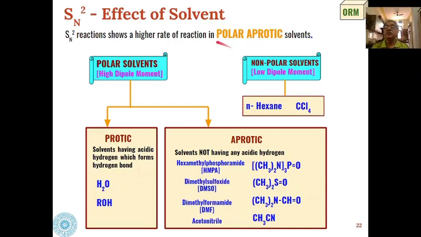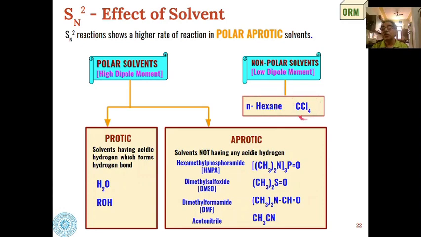We know that solvents may be polar or non-polar. Non-polar solvents have low dipole moment, whereas polar solvents have high dipole moment. Examples of low dipole moment solvents are hexanes, carbon tetrachloride, and even diethyl ether.